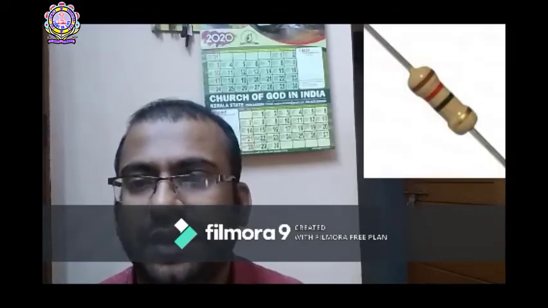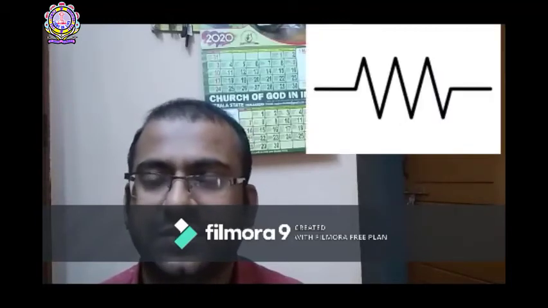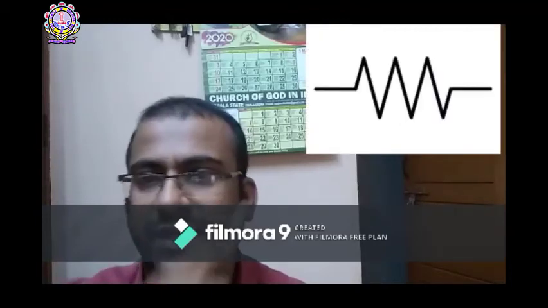In circuits we need to connect different resistors to adjust the flow of current in the circuit. So we use resistors, and the symbol of a resistor is this. You can see here.